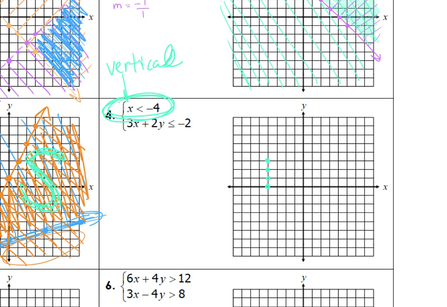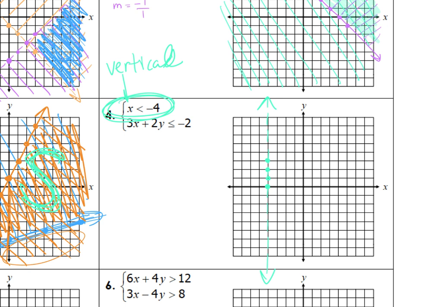So if x is less than -4, first of all, is this dotted or solid? It's dotted. Okay? Now, when it's a vertical line, there's no above or below. But think about what they're saying. The x value has to be less than -4.